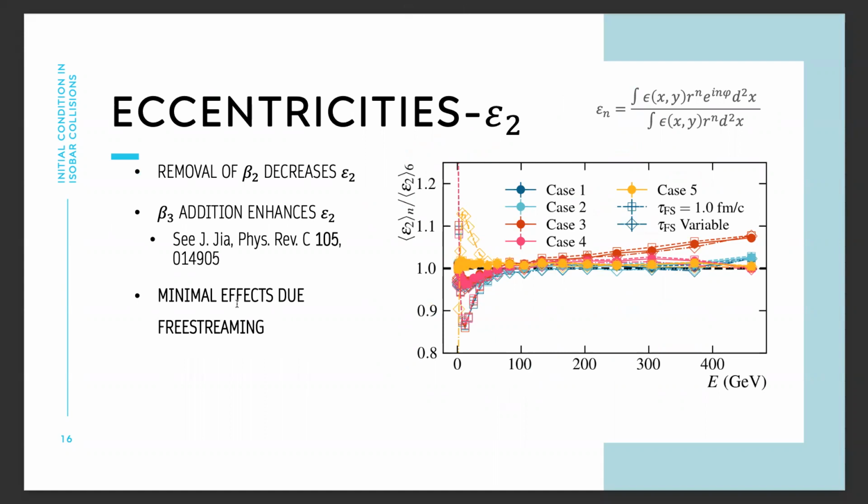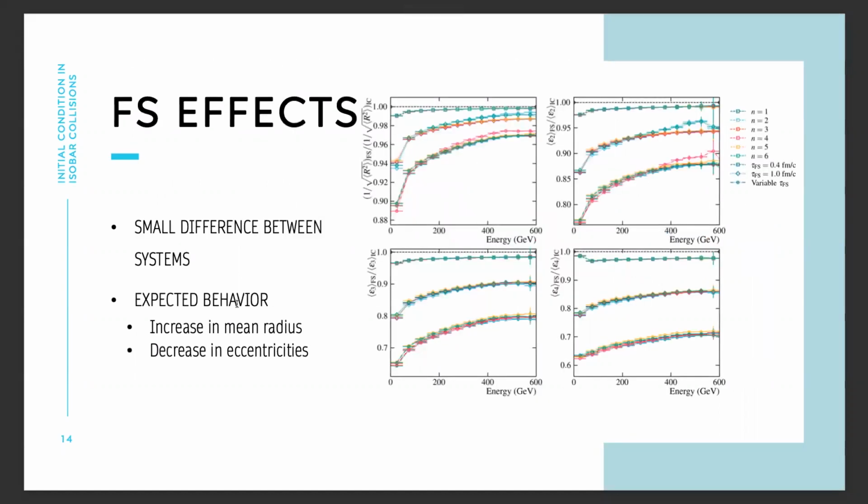I compute the ratio of each case over the zirconium case for the initial condition, and the same for free streaming. Briefly, I forgot to mention, if we return to the earlier plot, the changes with the 0.4 case are very small. So from here on, I will not deal with the 0.4 case and just look at 1.0 and the variable free stream time.